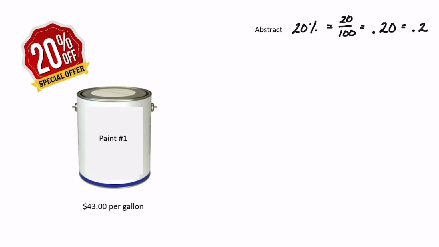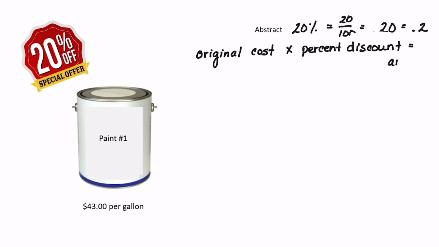So I'm going to take my initial cost, my original cost, and I'm going to multiply it by my percent discount. Oh, let's spell that correctly. And that is going to give me the amount of my discount.